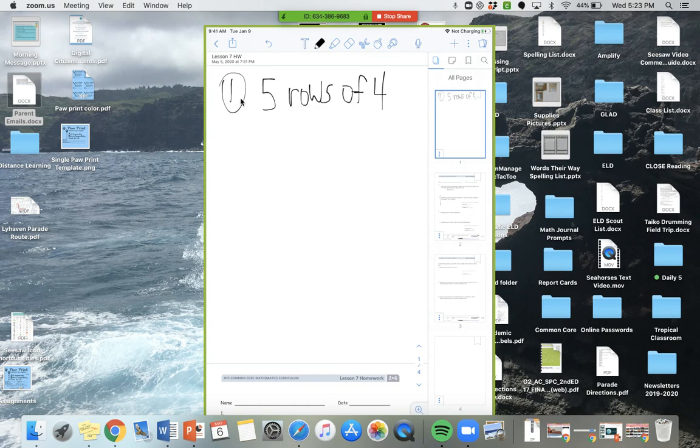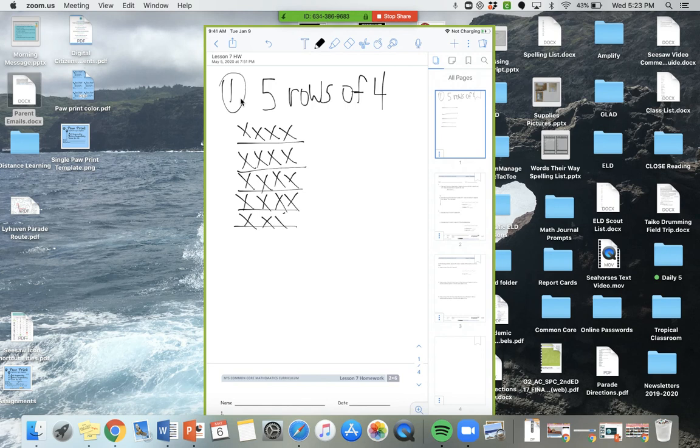So you should be drawing your lines like this, and you want to draw 5 of them. And then you should have 4 in each. 1, 2, 3, 4. 1, 2, 3, 4. 1, 2, 3, 4. 1, 2, 3, 4.